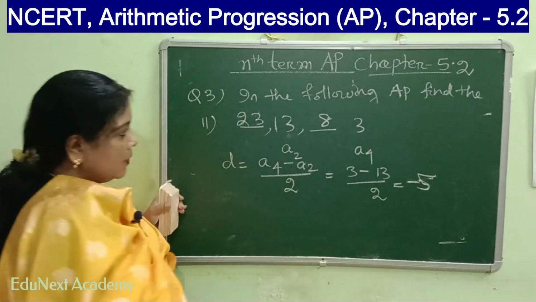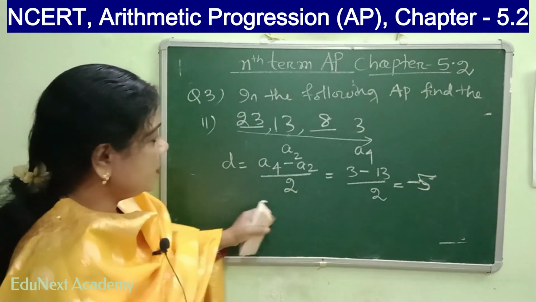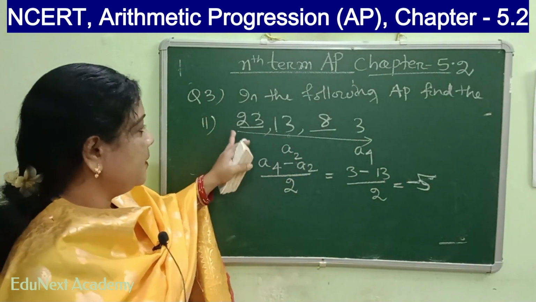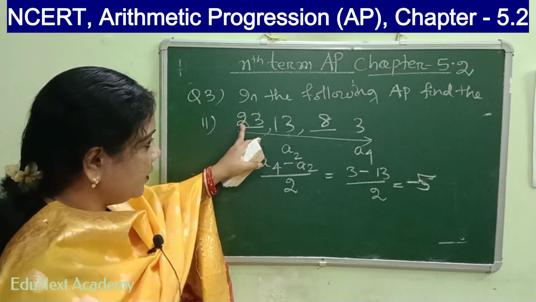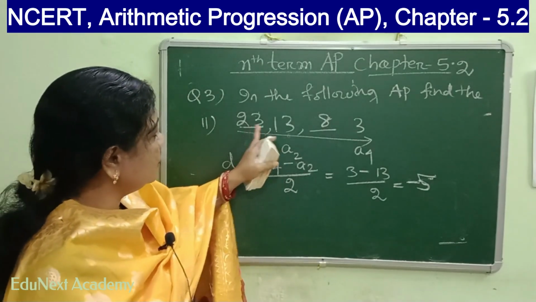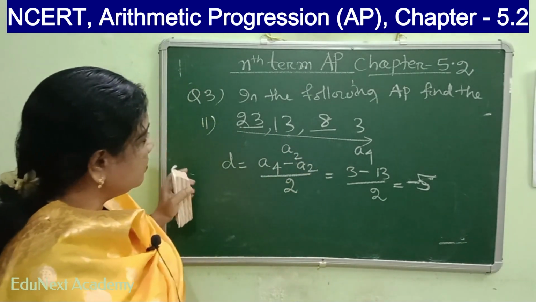Now this looks like a descending order, because we are getting D as minus 5, so the previous term is 23. So this is 13, this is 8 and 3. These are the consecutive missing terms.